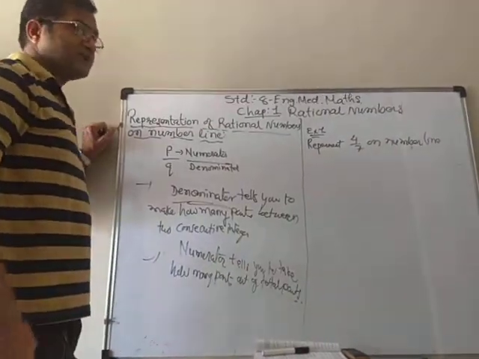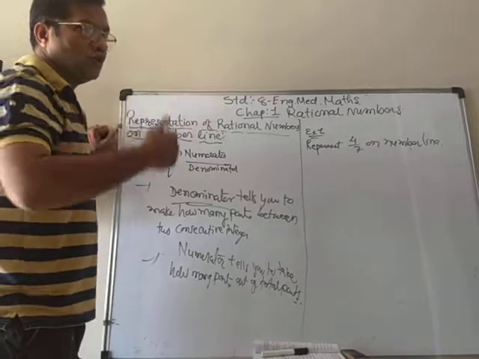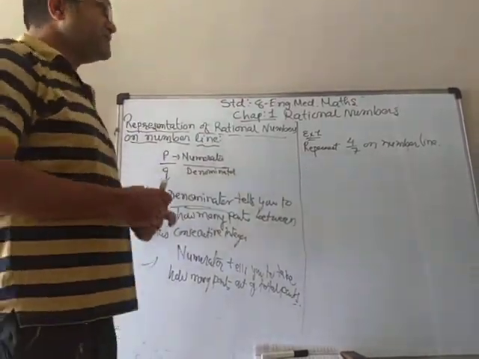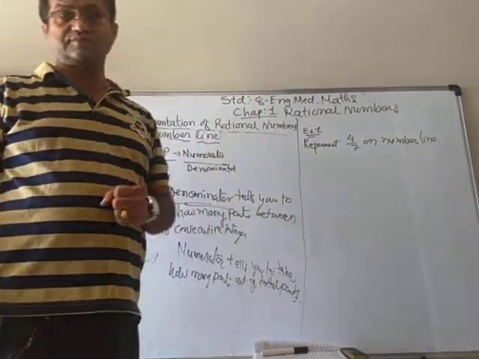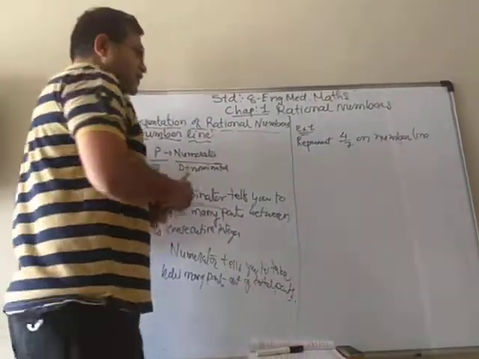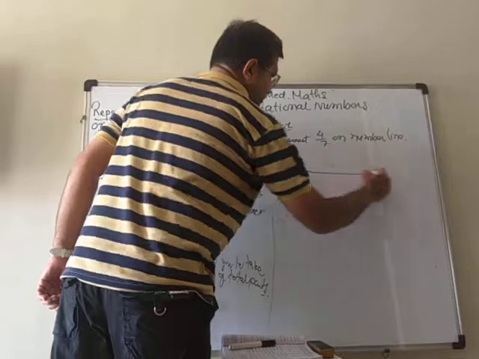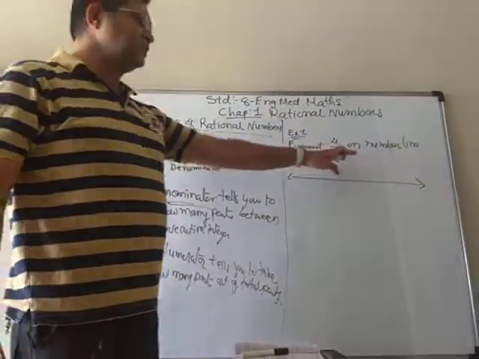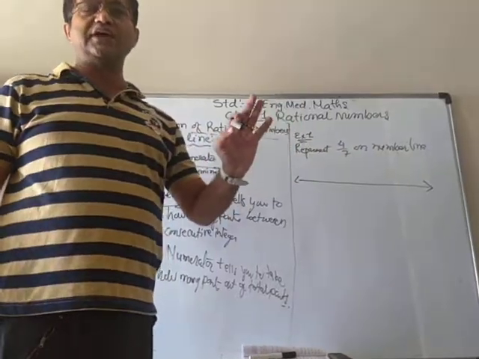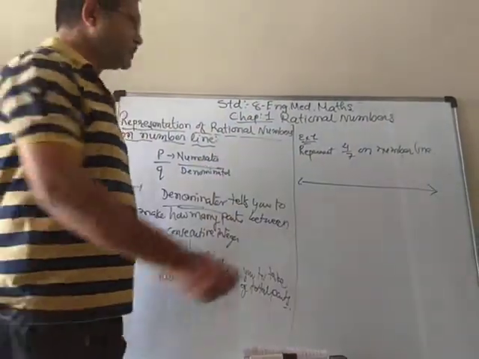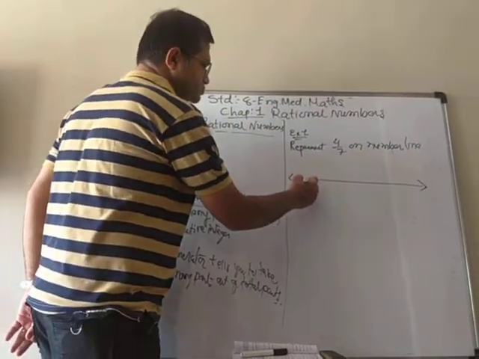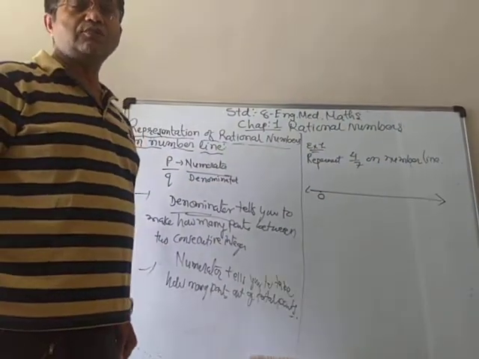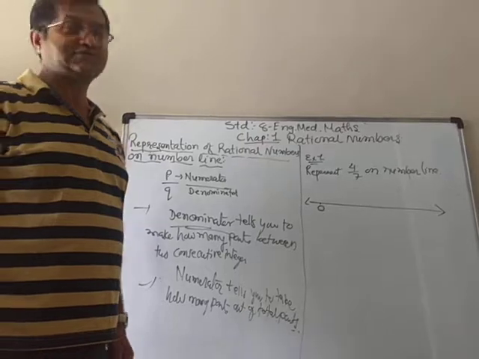It means that between two consecutive integers we have to make 7 equal parts. So we will draw a number line, and since this is a positive number, we need not take negative integers, so we can start 0 from here. Then you have to make 7 equal parts.